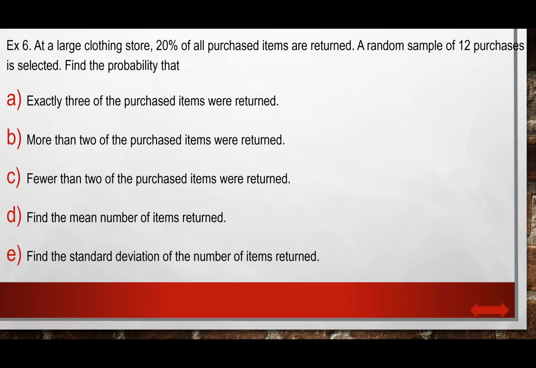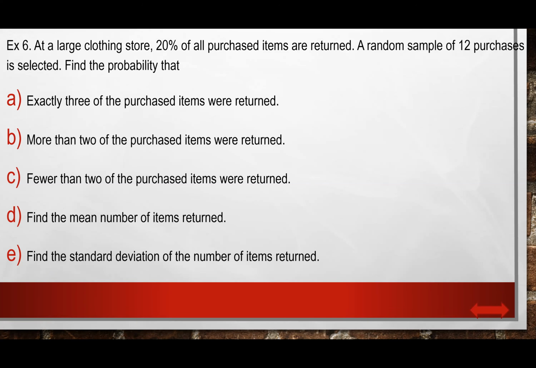Now, if you remember in chapter 5.2, this is what we have: a binomial distribution. And what is the binomial distribution here? Either you return the item or you do not return the item. Those are the two outcomes, right? And again, the probability of returning an item is 20%, which is 0.2. And this is what they ask you to do: exactly 3. So how do we do this?